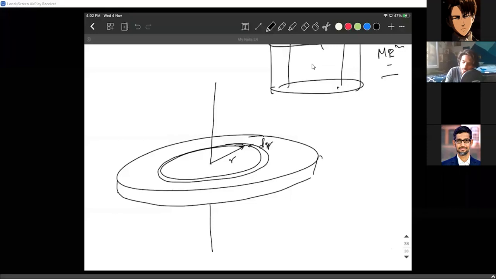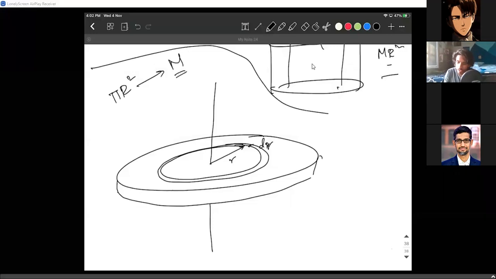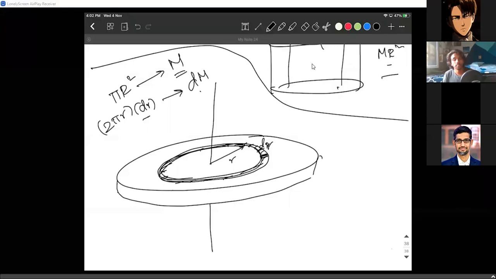If the total pi r square area is giving a mass of m for the disk, what is the area of this little ring? The length of the ring is 2 pi r. The thickness of the ring is dr. You get that? The length of the ring into the thickness dr is giving you a mass of dm.